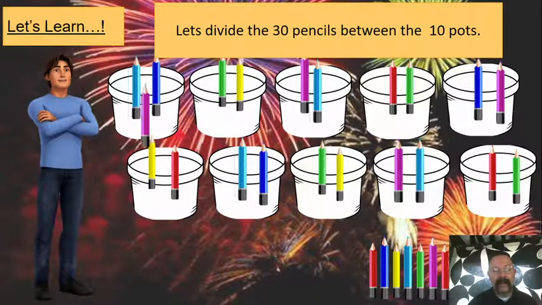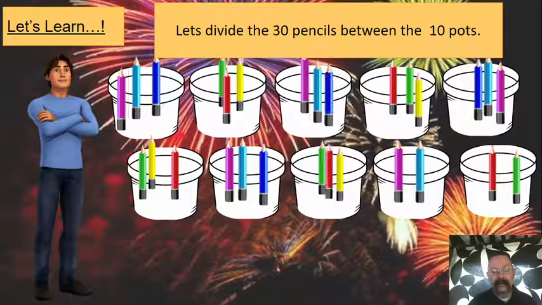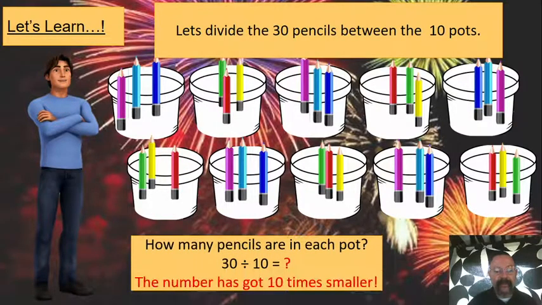And let's see if we're able to divide equally. All our crayons have gone into the pot, so if we just do a quick check, it looks like there are 3 crayons in each pot. So we can say 30 divided by 10 equals 3. The number has got 10 times smaller.